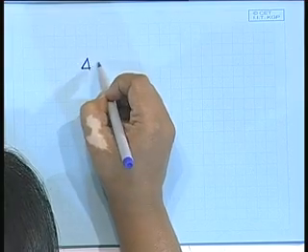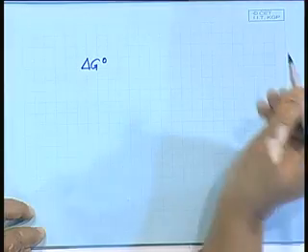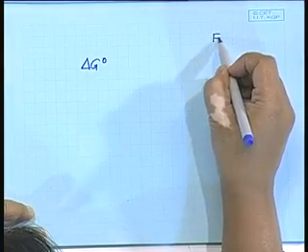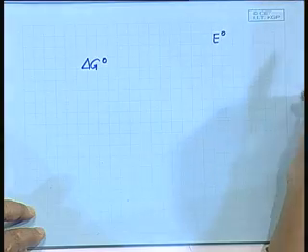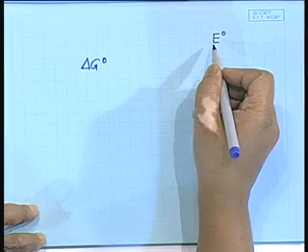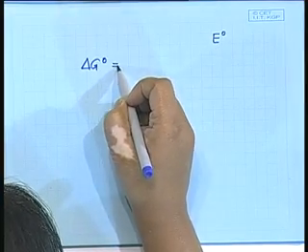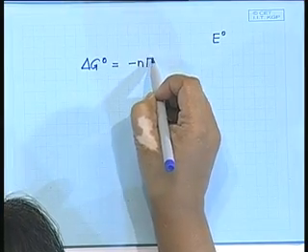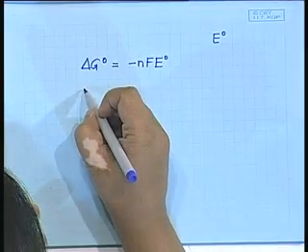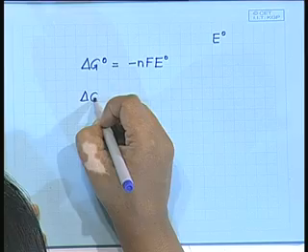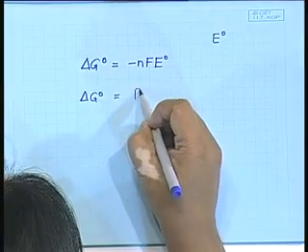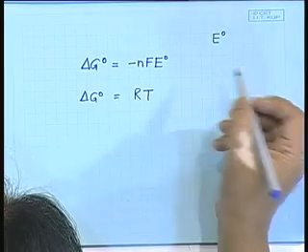If we look at a delta G0 value, for each of these you can have an E0 also associated with it, because remember you have a redox reaction taking place. In some cases you would have a redox reaction where you would have this minus nFE, right. From this you can determine the equilibrium constant.